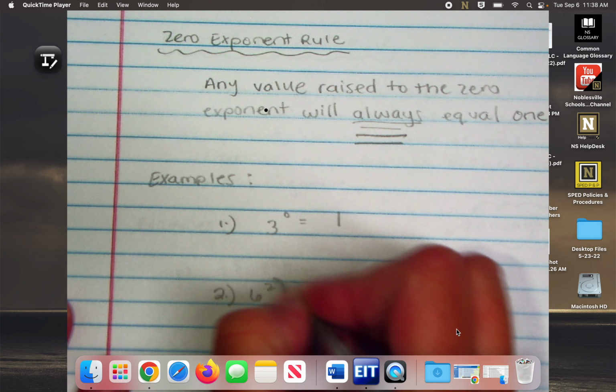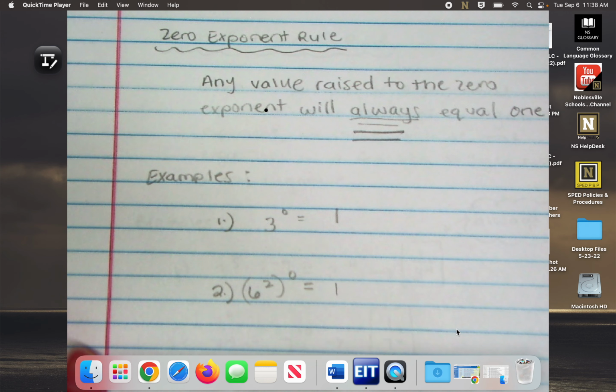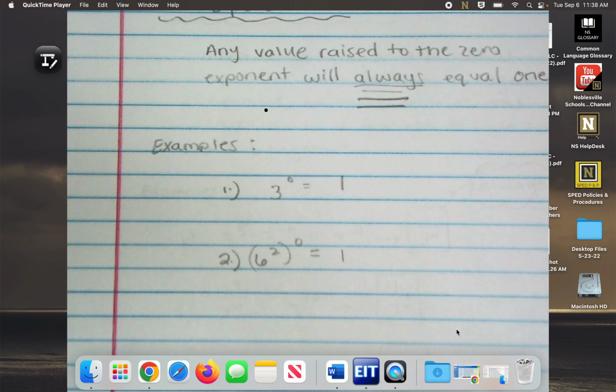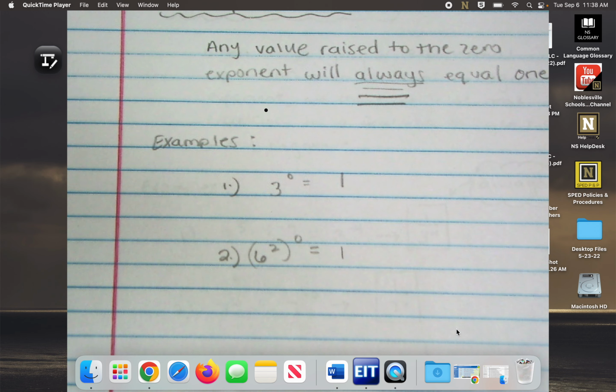I'm sorry. 6 squared to the 0 power is going to equal 1.